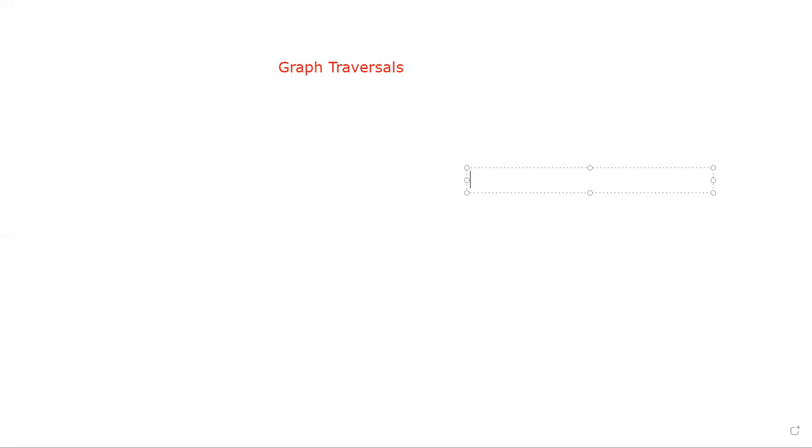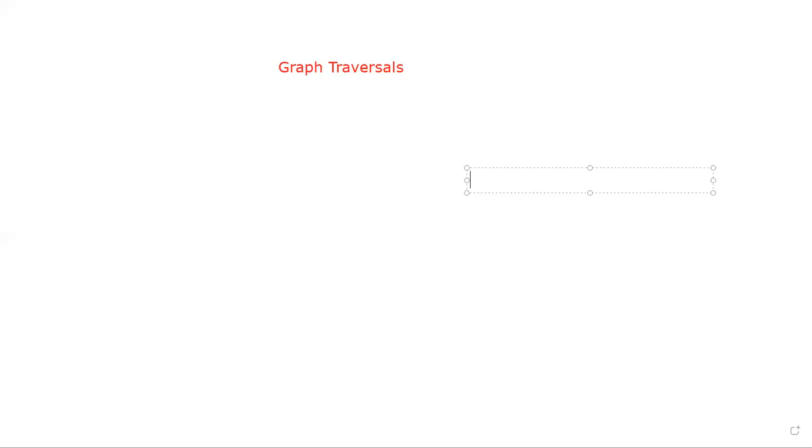You know, there are two graph traversal techniques available, and they are as follows. The first one is BFS, breadth first search, and the second one is depth first search.